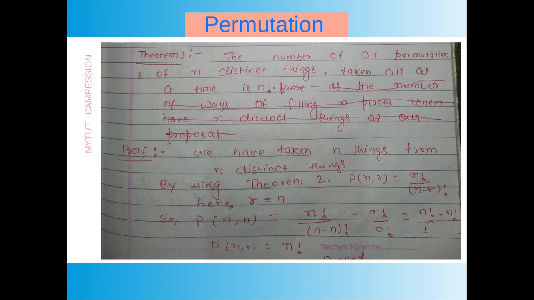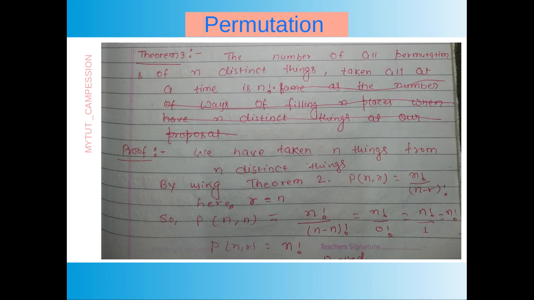That means the total number of permutations of different things, all taken at a time, is r equal to n. When we take n things from n distinct things, by using theorem 2, P(n,r) equal to n factorial divided by (n minus r) factorial. Here r equal to n, so P(n,n) equal to P(n), put the value of r equal to n.